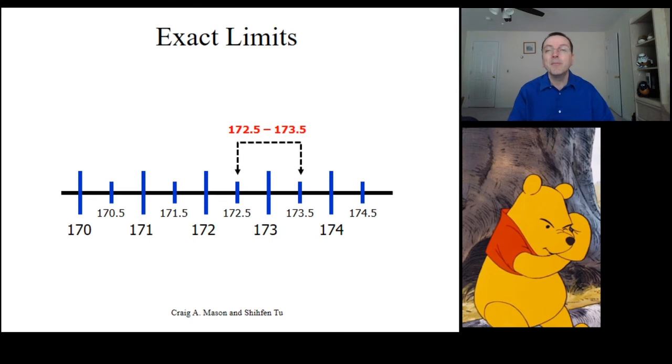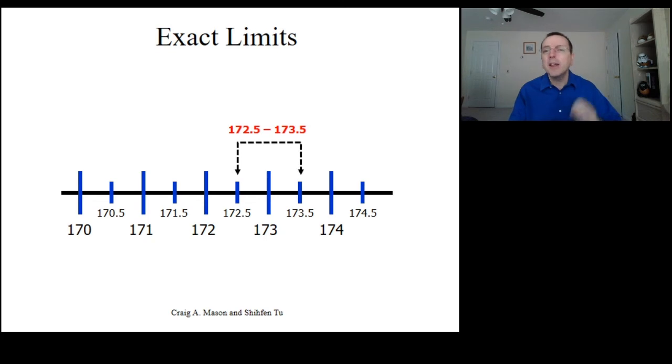Now, if you're thinking hard on this, you might want to jump in with, yes, but aren't we right back to the problem of what happens when you're exactly 172.5? Would that be a 172 or a 173? In this case, because we're talking about this at a theoretical, conceptual level, the answer is no.